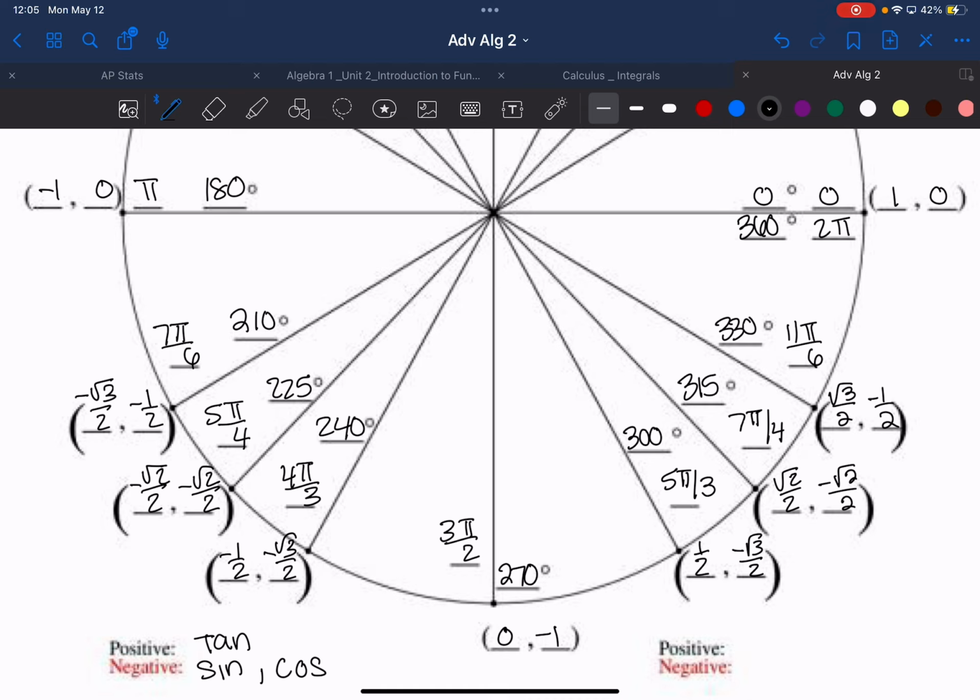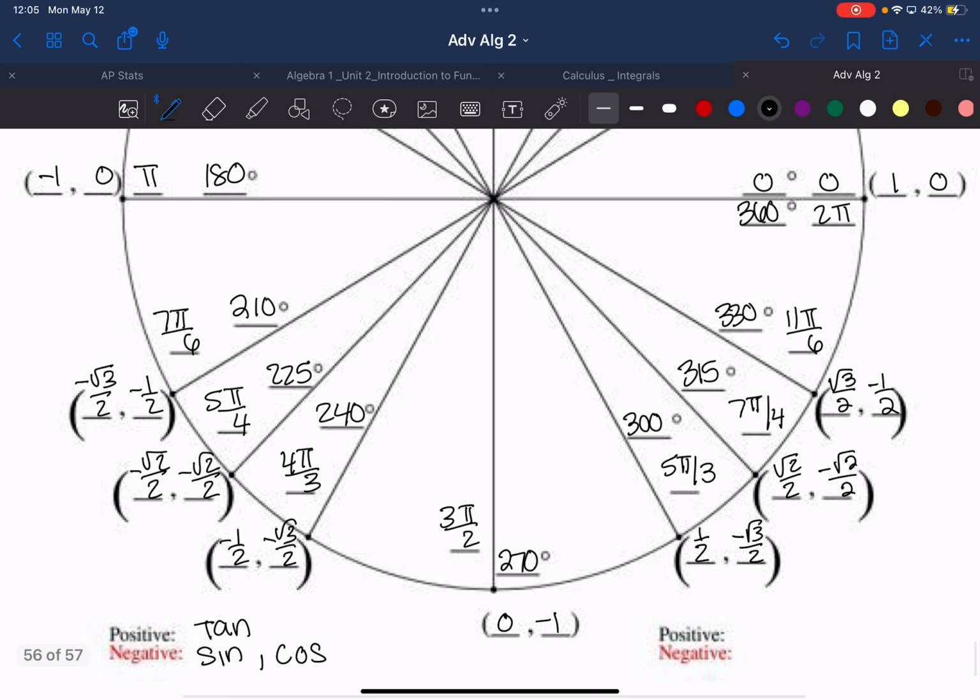And then of course they share that same value of 1 comma 0 with 0 degrees and 360 degrees. Okay. And then at the bottom where it says positive and negative, the only positive one is going to be cosine, and then the negative is going to be sine and tangent.